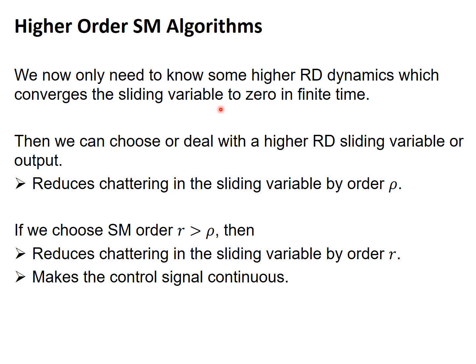So, we must first know about higher order sliding mode algorithms. What will a higher order sliding mode algorithm be? Suppose we have a second order sliding mode algorithm, then S double dot must contain some discontinuity, and that dynamics must be such that S and S dot both become 0 in finite time.